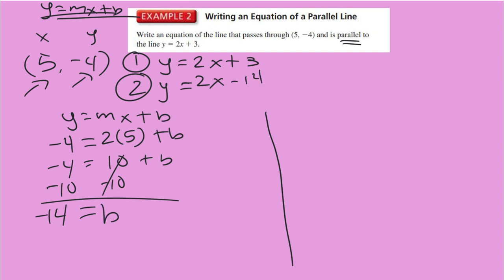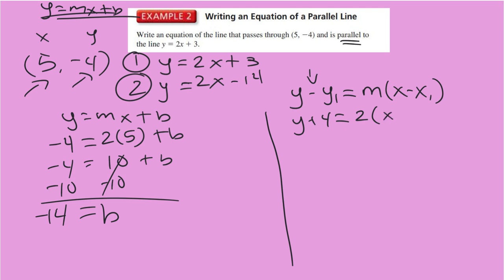That's my y-intercept. The other format you could use is the point-slope, which is y minus y1 equals m times x minus x1. We're not solving yet for y, but our y1 is what? Negative 4. But I know y minus negative 4 gives me a plus sign over here, okay? That becomes y plus 4 equals my m, which is my slope, 2, times x, and my x1 is negative 5.